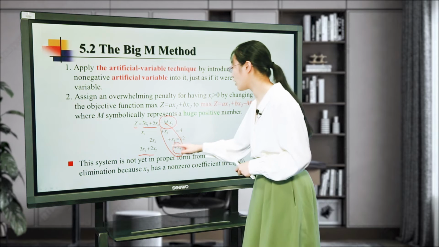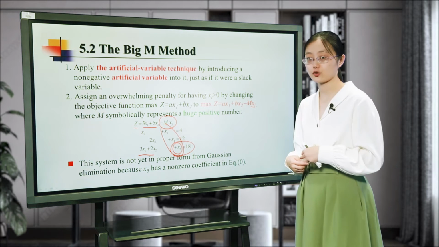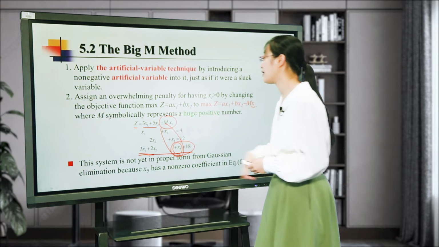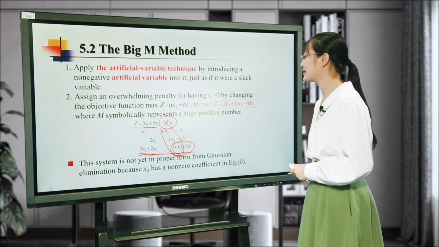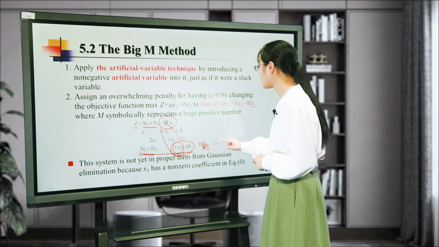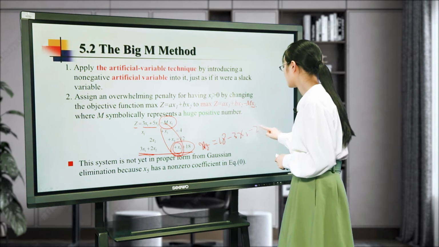This performs the role of a basic variable. It should not exist in our objective function. But that's not a problem, because we have a relation between x5 and x1, x2. We can simply do a substitution: x5 equals 18 minus 3x1 minus 2x2.